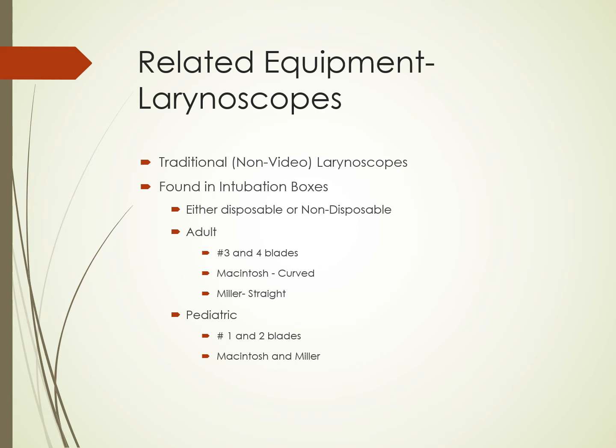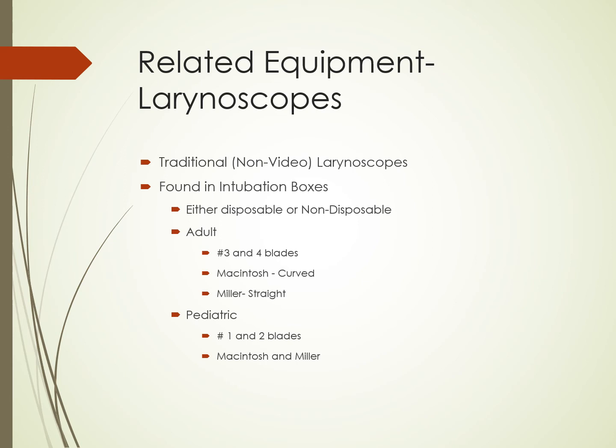Pediatric size blades would typically be 1 and 2, Macintosh and Miller. And even if it's an adult unit, so my world, quite honestly, for the past roughly 20 years, where I've worked in the adult ICU at a major medical center in North Central New Jersey, my world is the adult world.